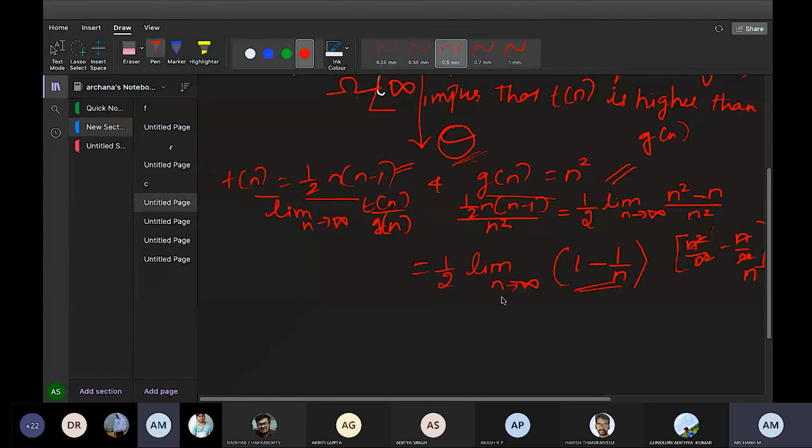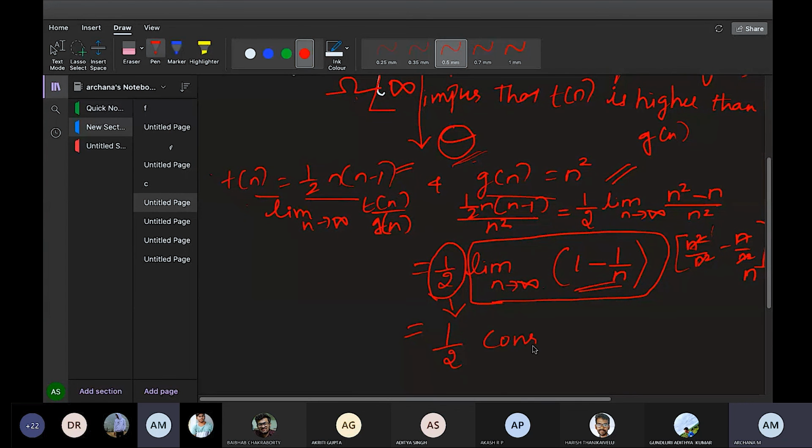Now, since we are applying the limits, it's n tends to infinity. Always remember that whatever constant you get in our bounding, whether it is big O or theta, you have to consider this constant in the limits. Whenever you multiply a constant with a limit, the answer will always be a constant.